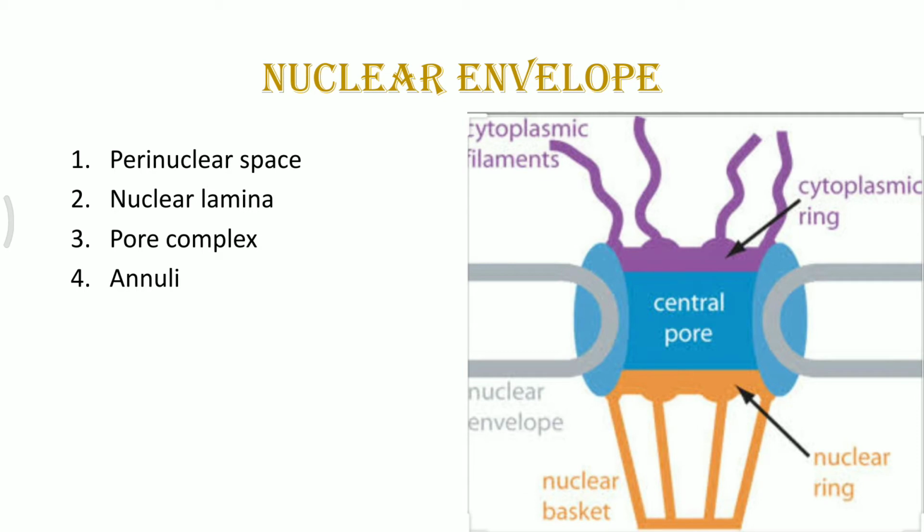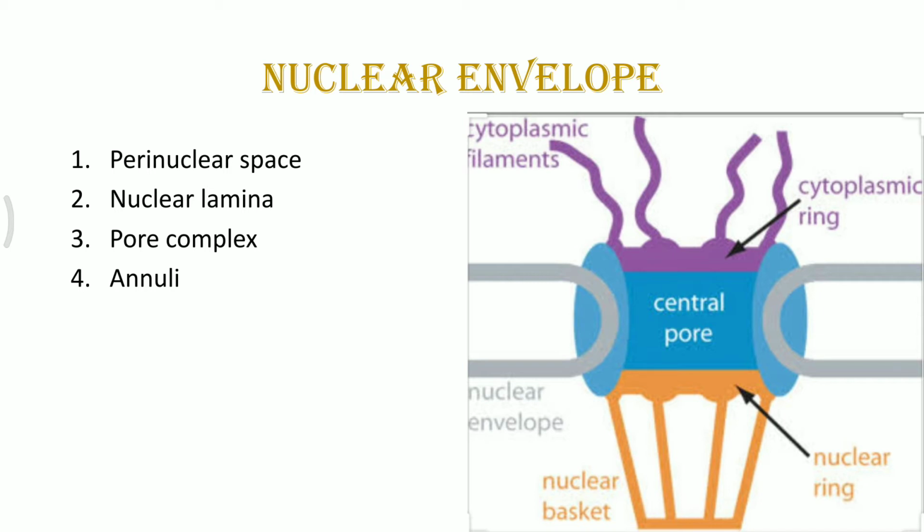If you see the structure of a nucleus, you will always find certain pores present within it. These pores are present on the surface of the nucleus, and they are responsible for allowing certain substances to pass through it.